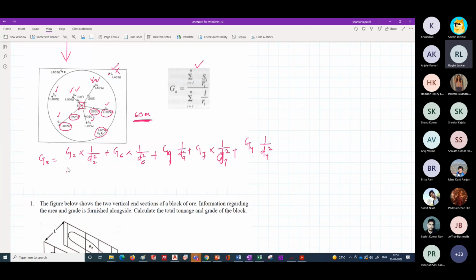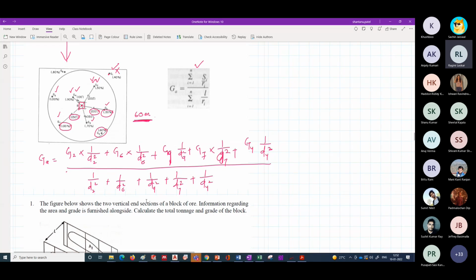Okay, whole divided by 1 by D2 square plus 1 by D6 square plus 1 by D9 square plus 1 by D7 square plus 1 by D4 square. Is this clear?